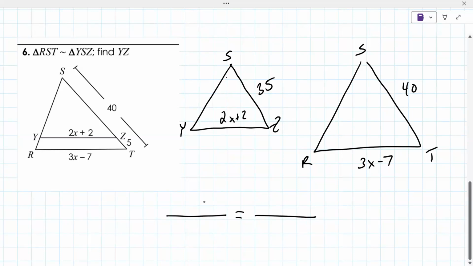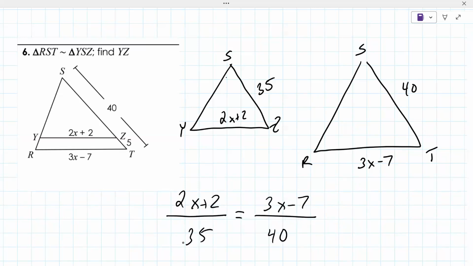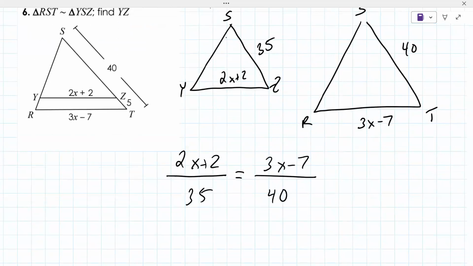Okay, so the top left would be 2x plus 2. Okay, that's fine. And then top right would be 3x minus 7. Okay, that works for me. And then, of course, the bottom ones are 35 and then 40. Perfect.